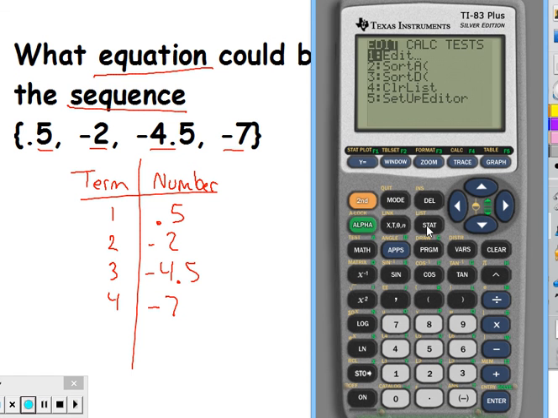Okay, and then we push stat and we move to the right to calculate and we push 5. Then enter and we get an equation.